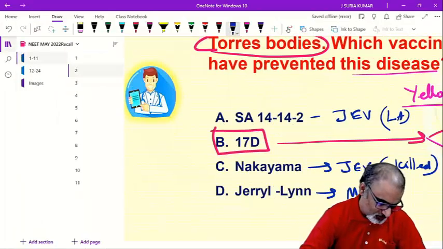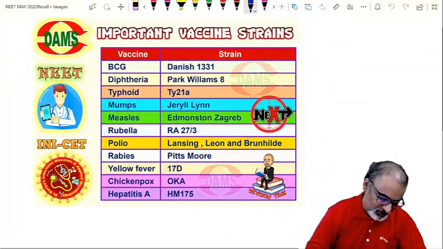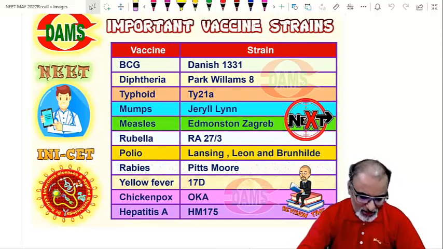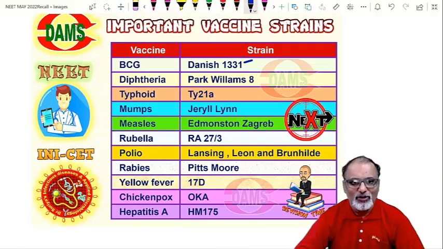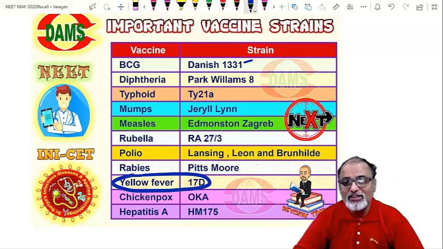See the chart we already released for you. These are the vaccine strains. Some people give the choice Dakar 1331 also, whatever it may be. In case of yellow fever, it is 17D. So how to diagnose yellow fever? Torus bodies.